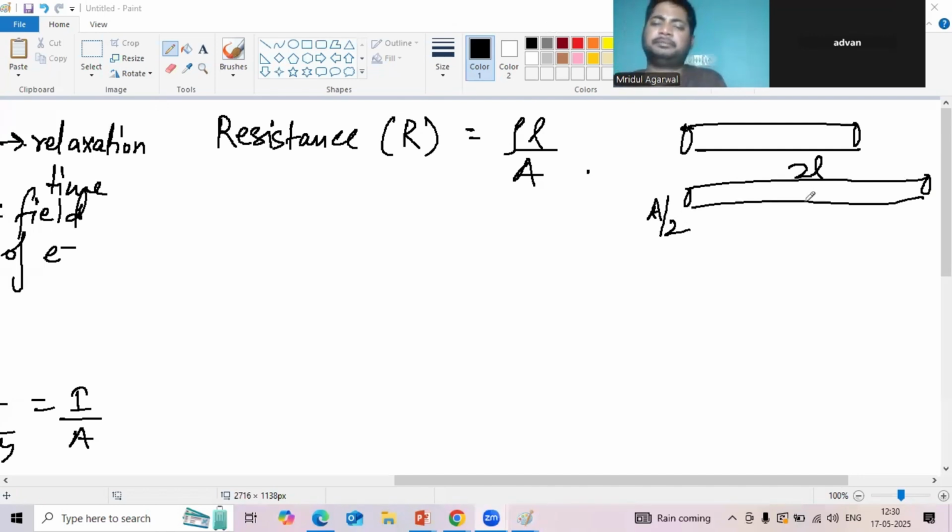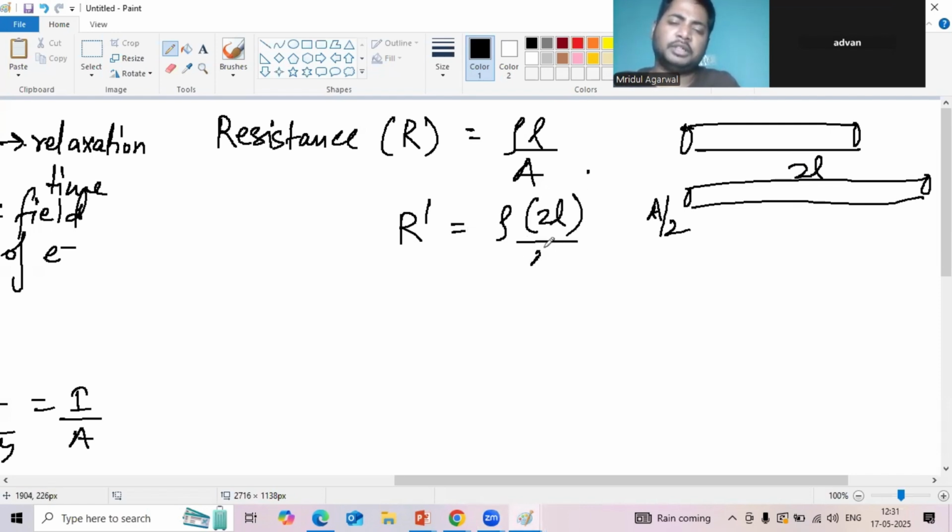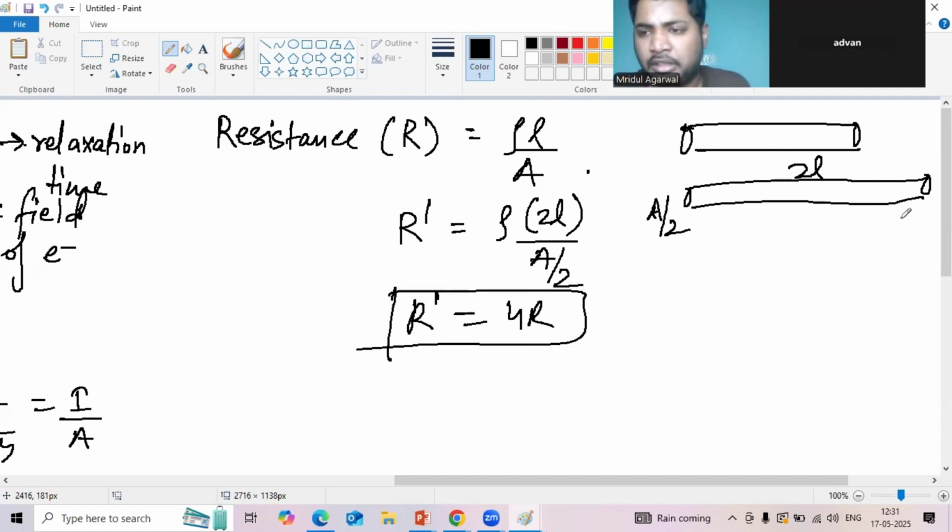Clear with this part? Then you can find the new resistance R dash, which equals rho into 2L over A over 2. So it will be 4 times R. Such types of problems are necessarily asked in the exam, so you should take account of that.